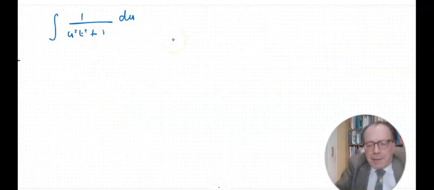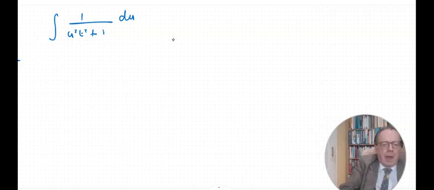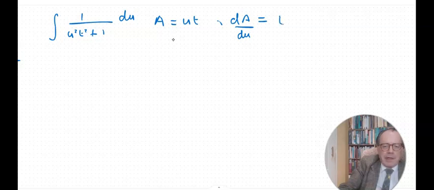So I integrate this. A equals ut, dA by du equals t, dA upon t equals du.